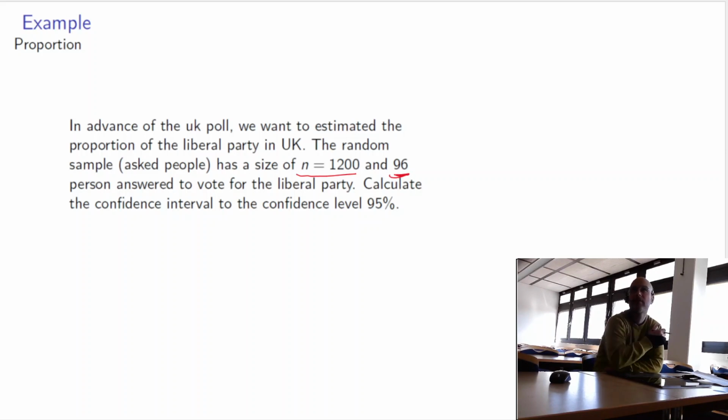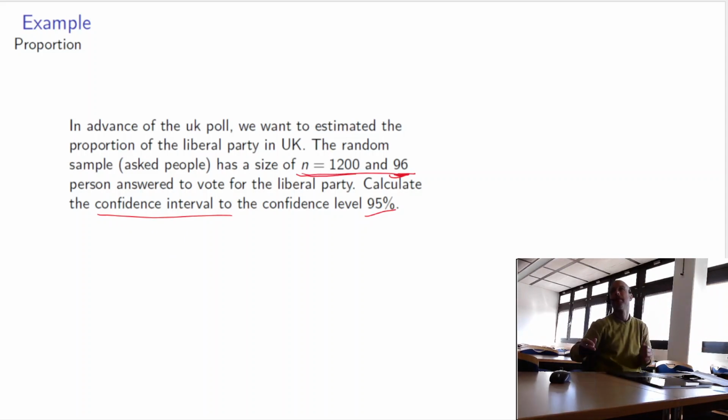And now we want to calculate the 95% confidence interval from this random sample, which covers the true proportion in the real vote, where the total number of all voters in the UK will be roughly 40 or 45 million people.